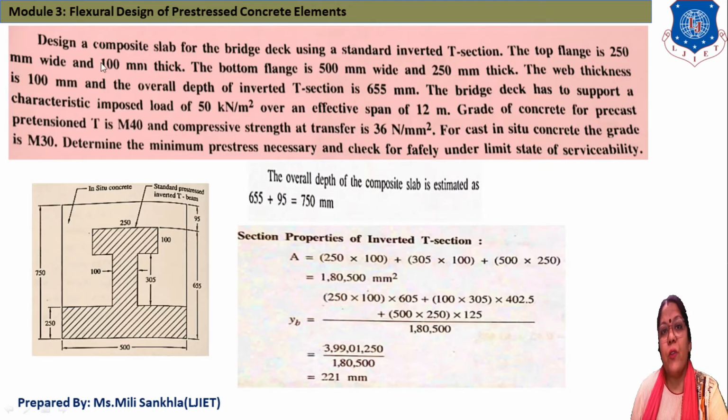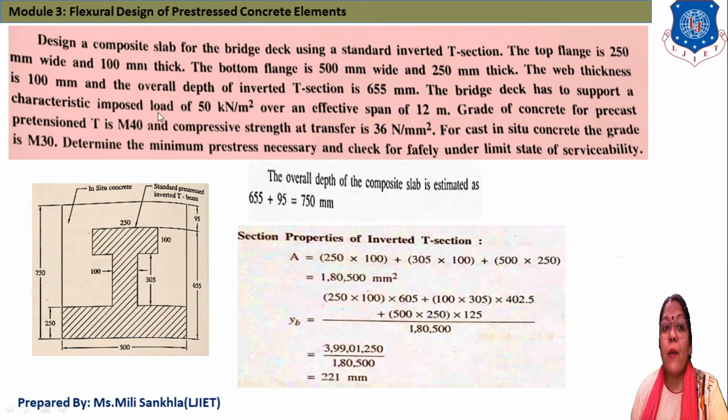Okay, now first, read the data. Design a composite slab for a bridge deck using a standard inverted T-section. The top flange is 250 mm width and 100 mm thick. The bottom flange is 500 mm width and 250 mm thick. The web thickness is 100 mm and the overall depth of the inverted T-section is 655 mm. The bridge deck has to be supported.